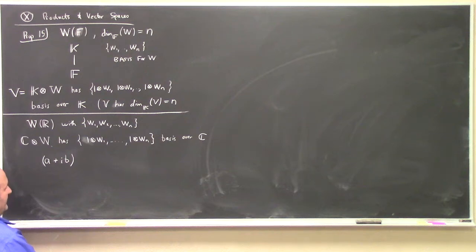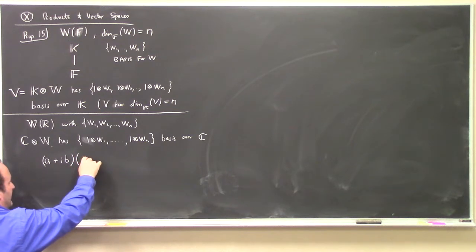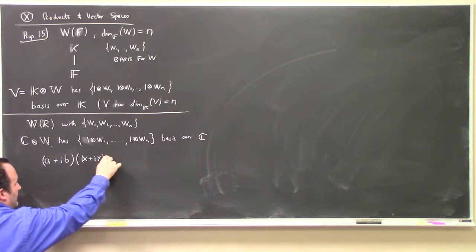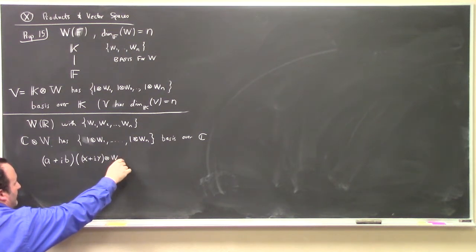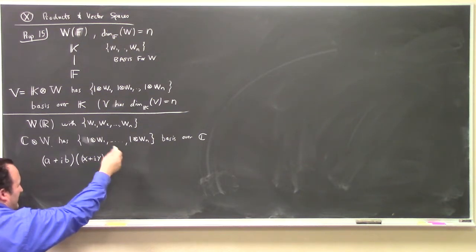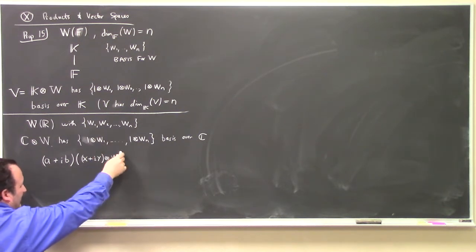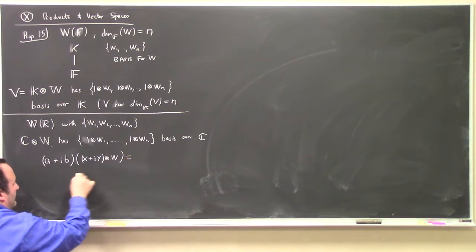If I define it for a simple tensor, then we can extend from there. So the simple tensor looks like x plus iy, tensor w. I'll just leave it w. How does that work?